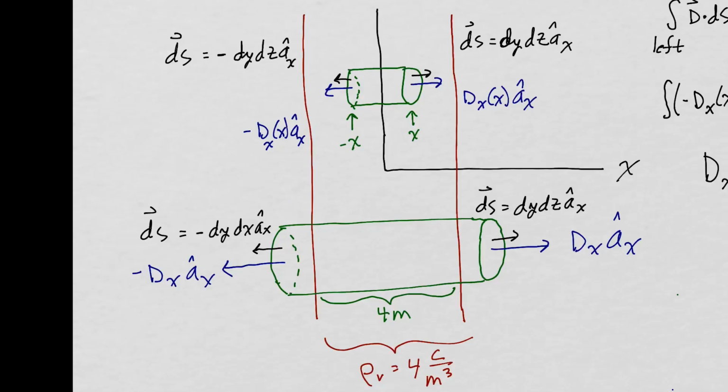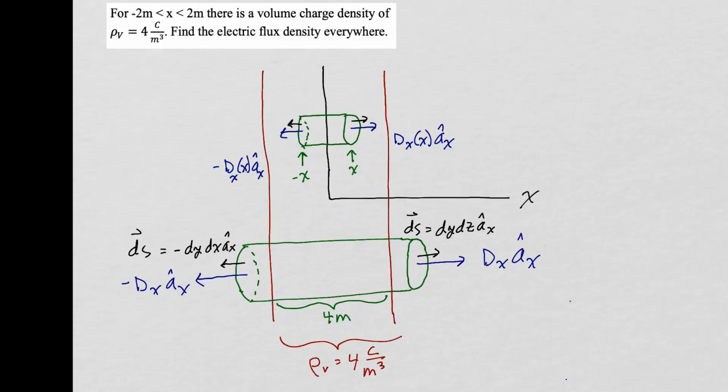And we'll find it depends on x when you're between -2 and 2 meters in the x direction, but when you get outside of the charge distribution, the electric flux density field will be independent of x.